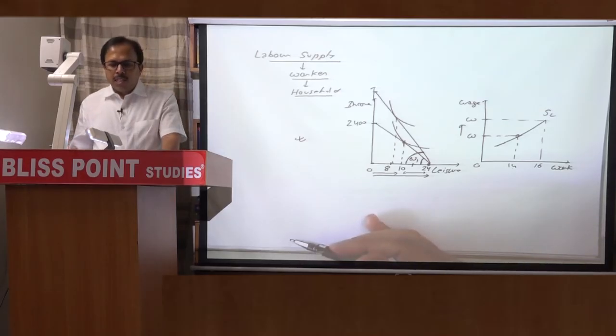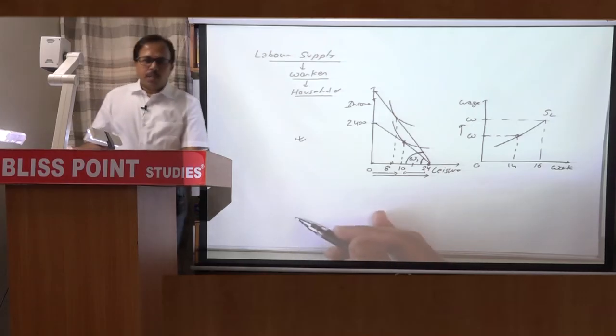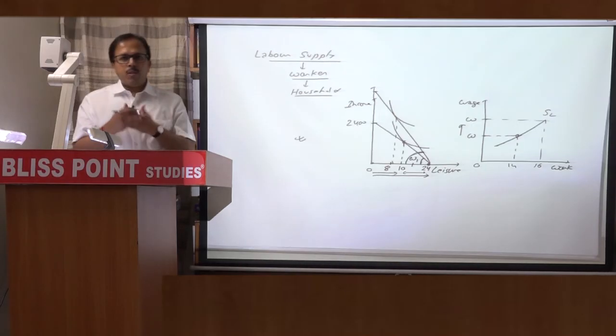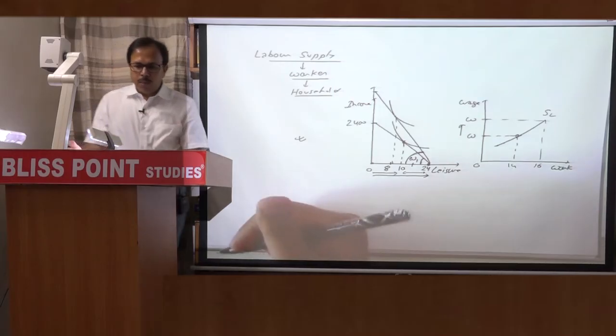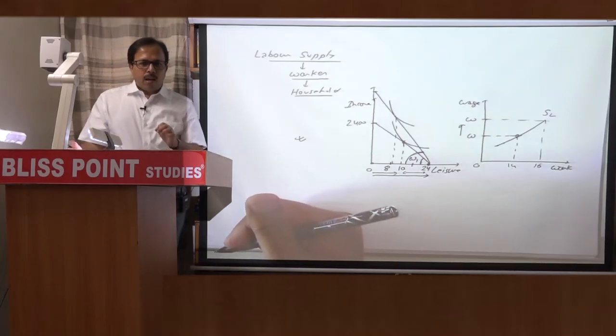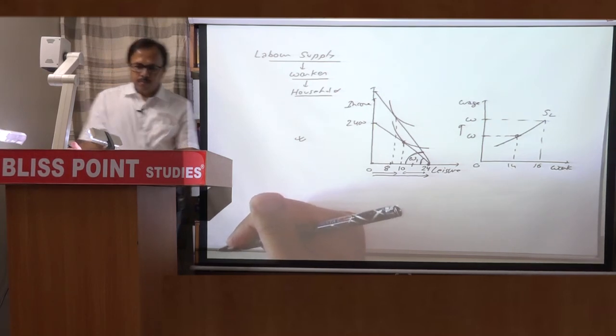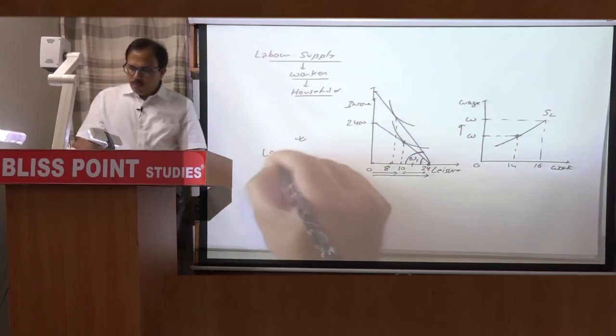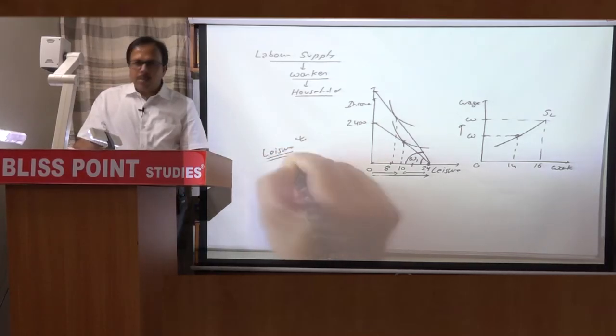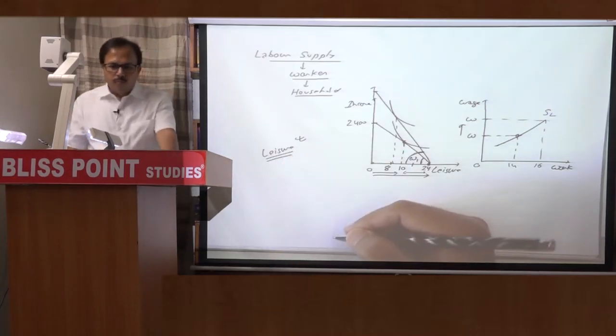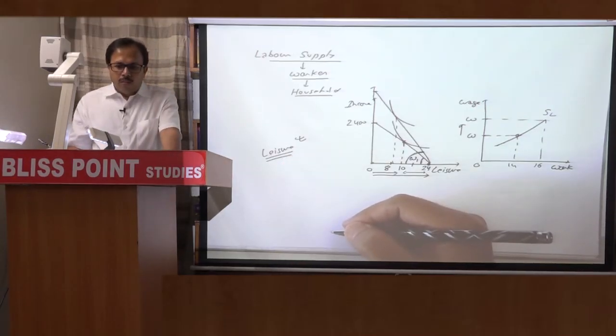So classicals assume that individuals attempt to maximize utility, and it depends positively on real income and leisure. Full stop. Supply curve is positively sloped.